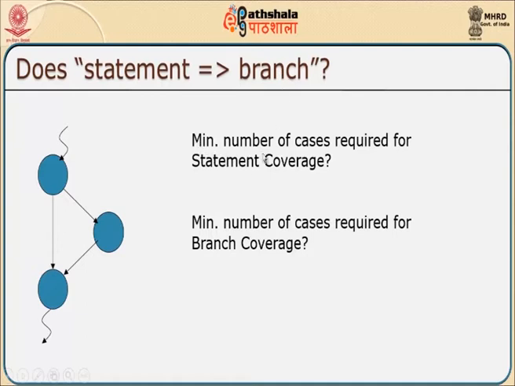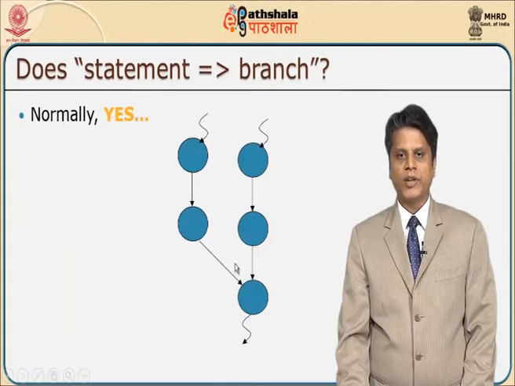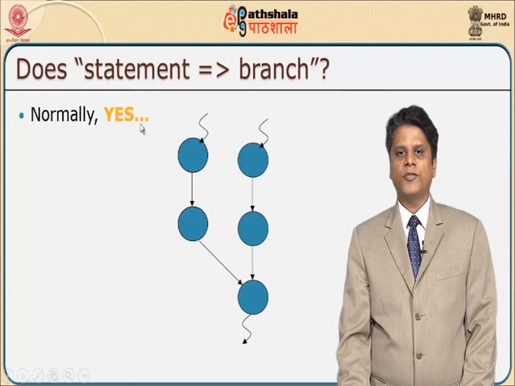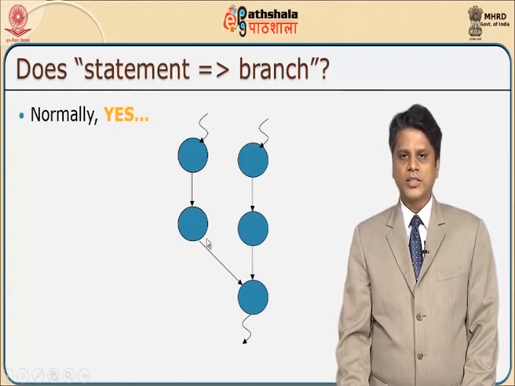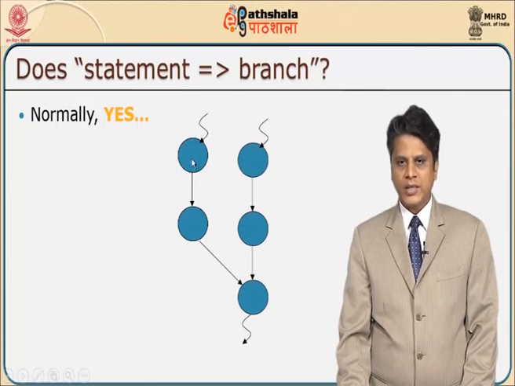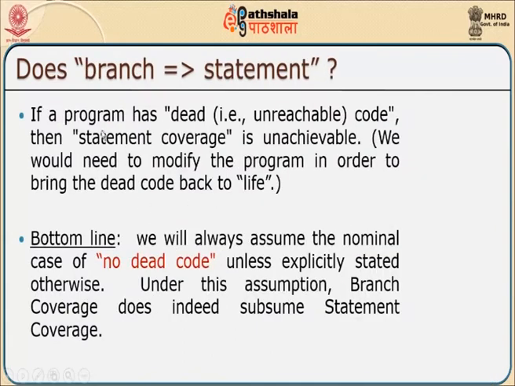So, the minimum number of cases required for statement coverage and the minimum number of cases required for branch coverage is what we have to study. Normally, for statement taking us to a branch, this will be the constraint where we have statements which have been considered to go in for a branch. If you have a program which has dead code, that means code which is not accessible, which is unreachable, then the statement coverage possibly cannot be achieved.